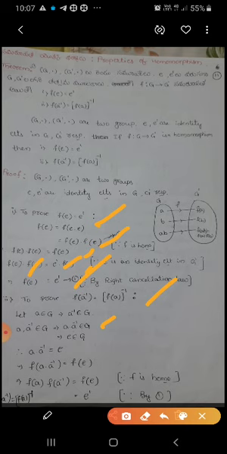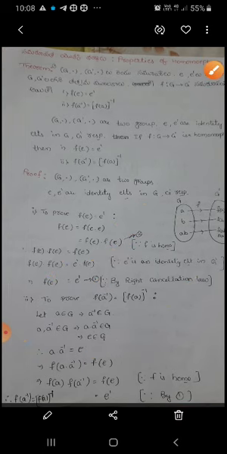Again, by the inverse property, a·a^-1 = e belongs to G. Since a·a^-1 = e, we can take f(a·a^-1) = f(e). That implies f(a)·f(a^-1) = f(e). f(e) is e' by the first property. So f(a)·f(a^-1) = e'.